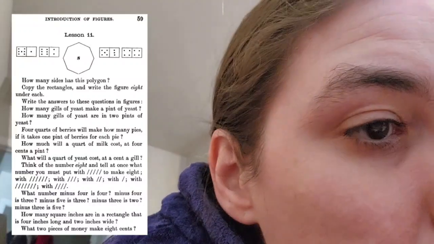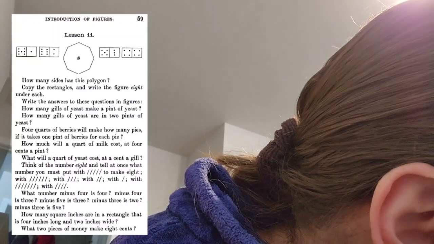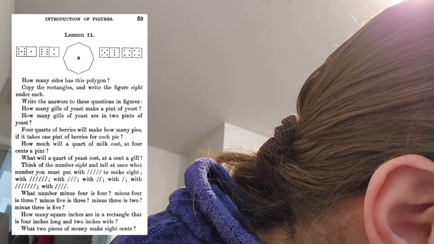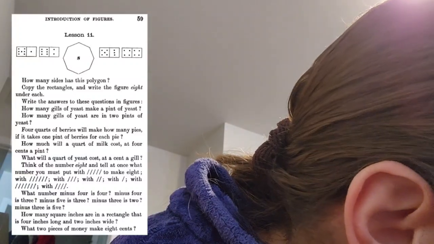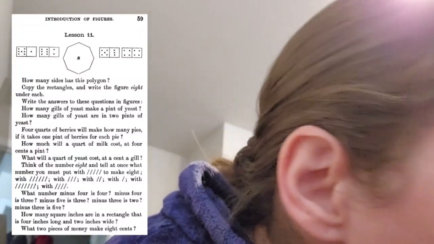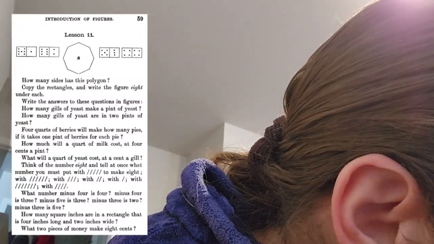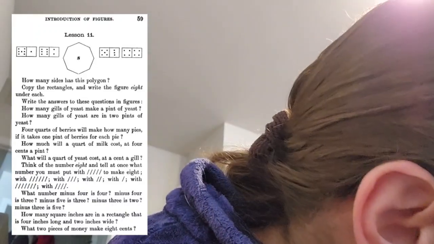And with the 1 stick, you would need 7 sticks to make 8. And with the 7 sticks, you would need 1 stick to make 8. And with 4 sticks, you would need 4 sticks to make 8.